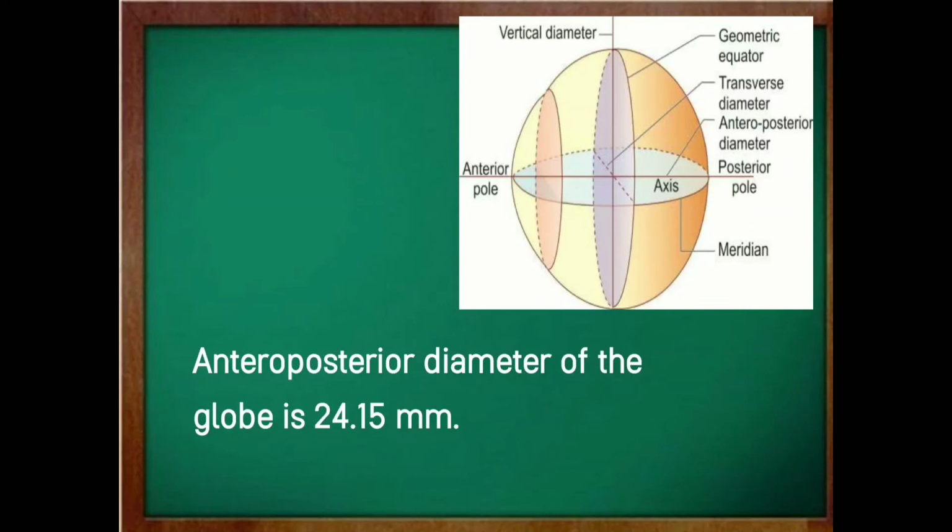So the first one is the anterior posterior diameter, which is also called the AP diameter. The normal AP diameter is about 24.15 millimeters. And there's one more thing that we need to remember: a newborn eyeball's anterior posterior diameter is about 2/3 the size of an adult's.